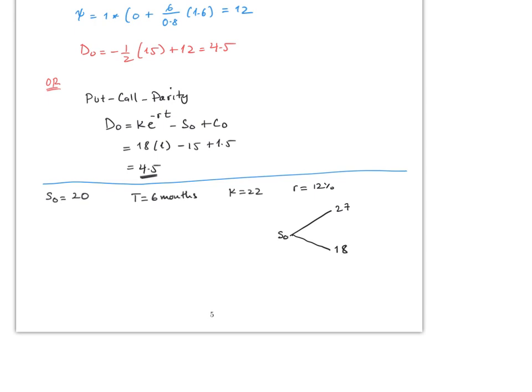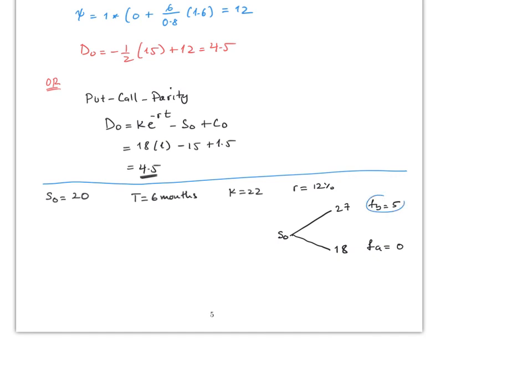Okay. So therefore, from here, you can find that F of B is going to be equal to 5, and F of A is equal to 0.